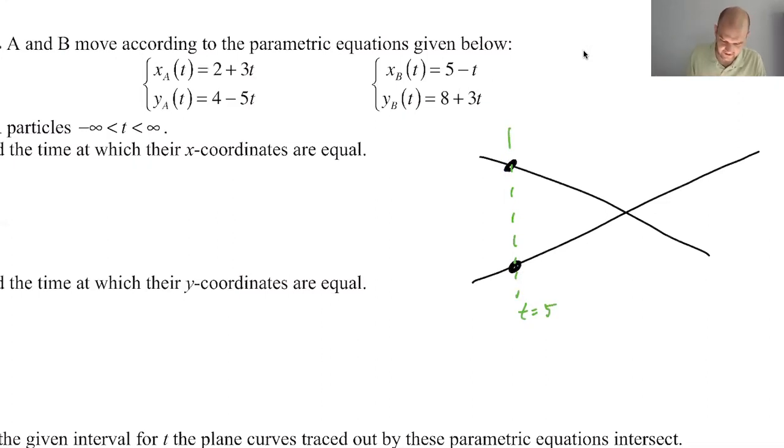And then maybe there's t equals 10, say this happens at t equals 10. Their y coordinates are equal, but their x coordinates aren't equal. So that just means they definitely don't intersect, because the only time when their x coordinates are equal, their y's aren't equal. The only time when their y's are equal, their x's aren't equal. So there's no way their x's and y's are equal at the same time. That's a weird, twisted way of thinking about the problem, I think, which is what this problem is making us do.